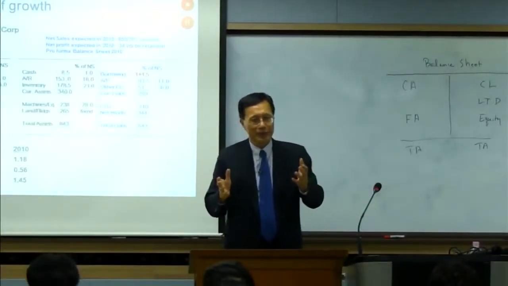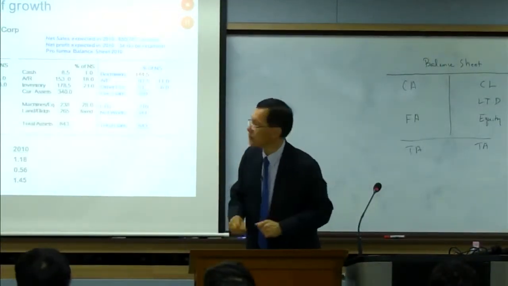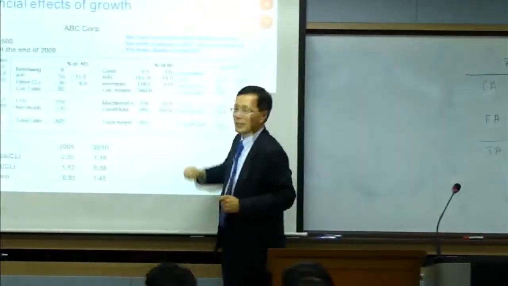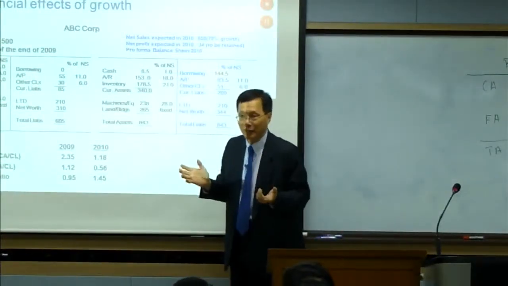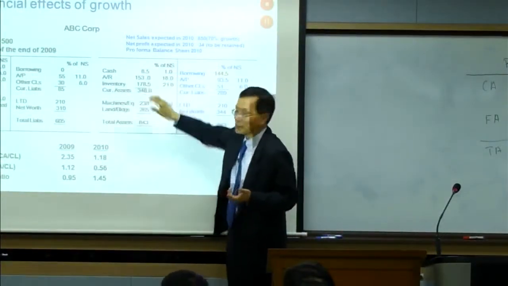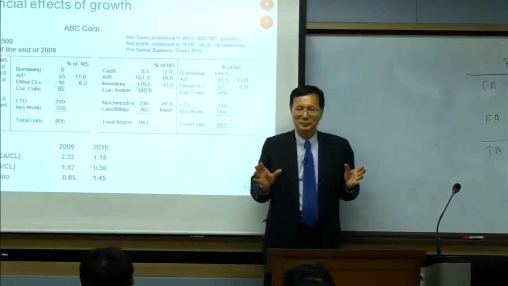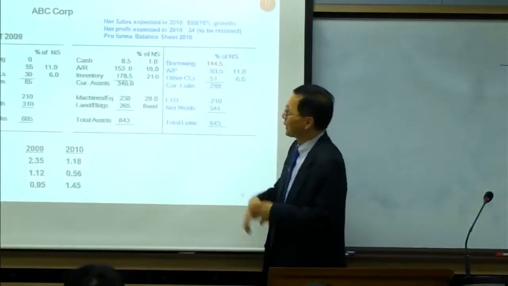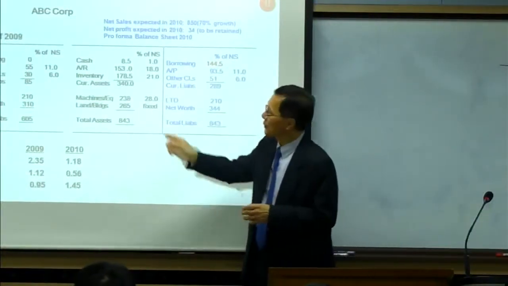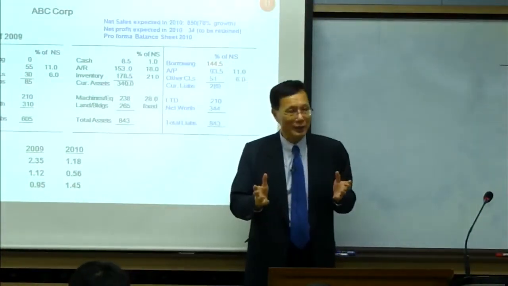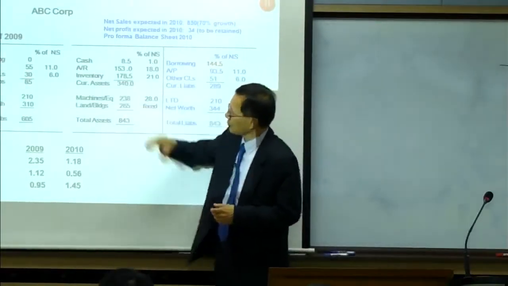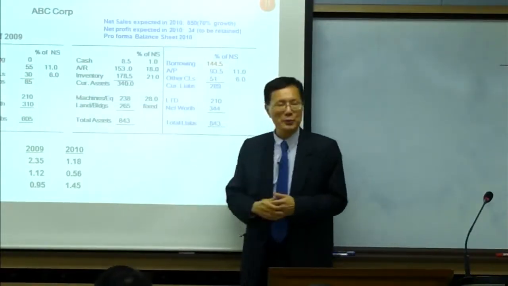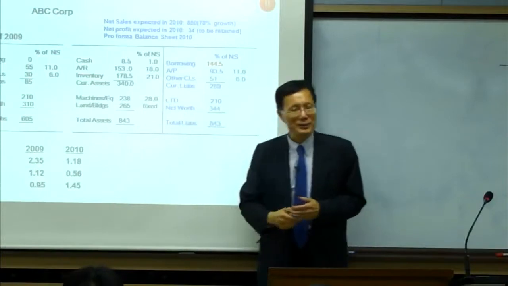It's moving hand in hand with net sales. So 1% of net sales, 8.5, right? So put down 8.5. Accounts receivable, that's 18% of net sales. So easy, 153. Inventory level, 21%. So 178.5.